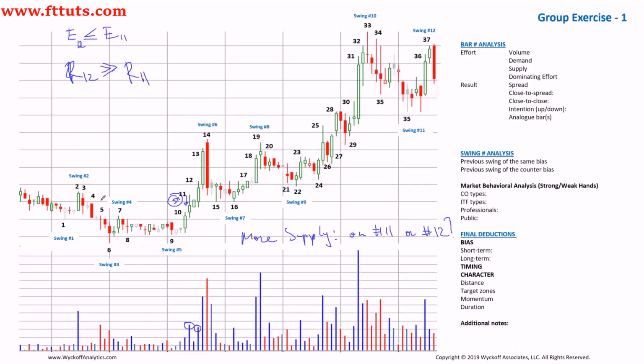So it's the supply that comes at this point of memory here at bar number 2. It increases and it produces this reaction. Then at 12, we also have some supply coming in, but it's less.